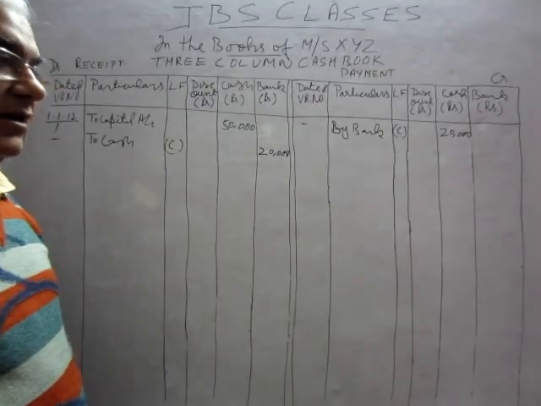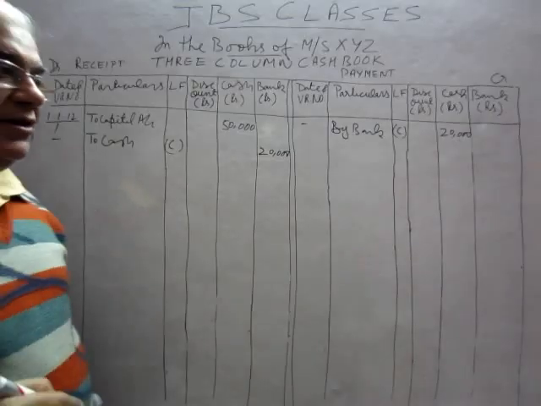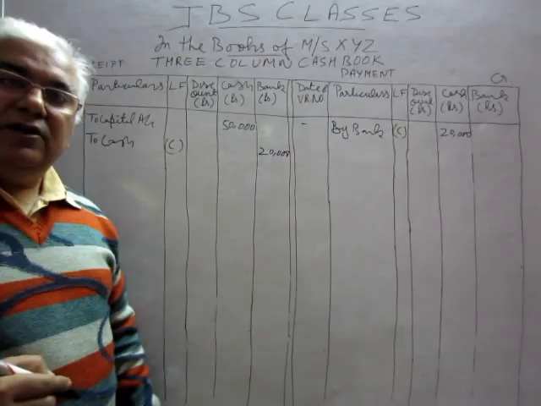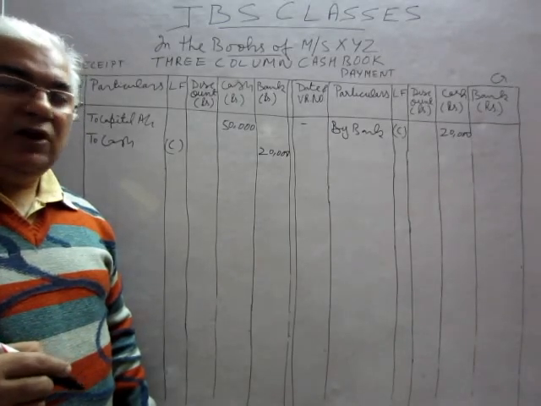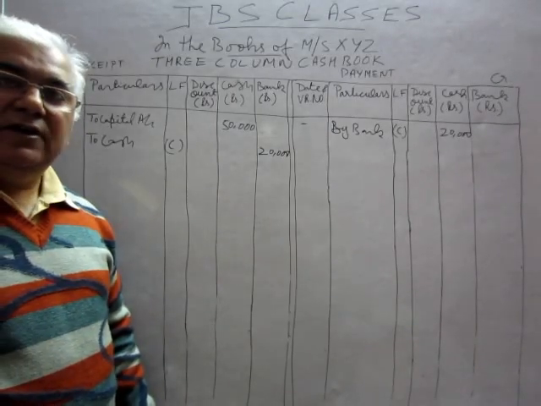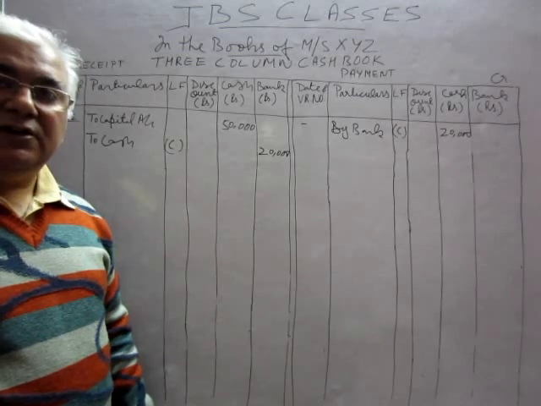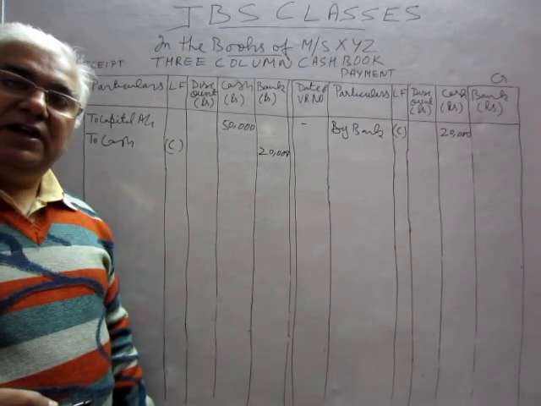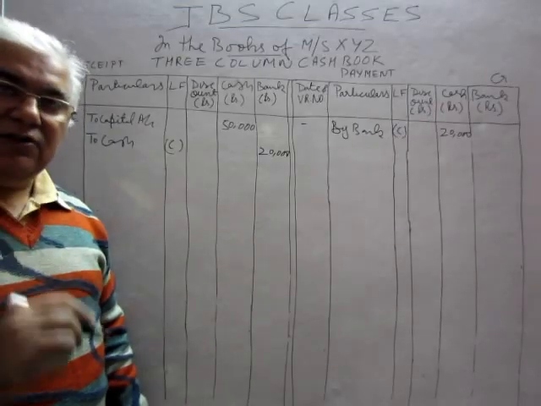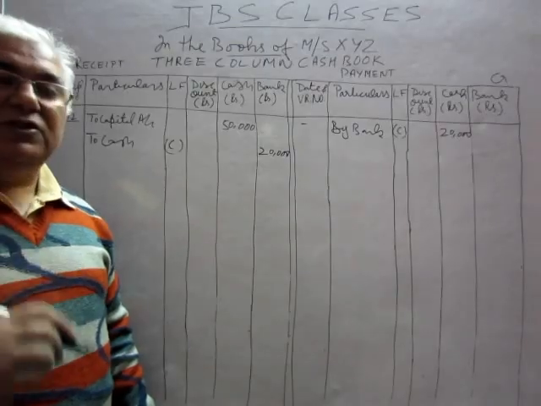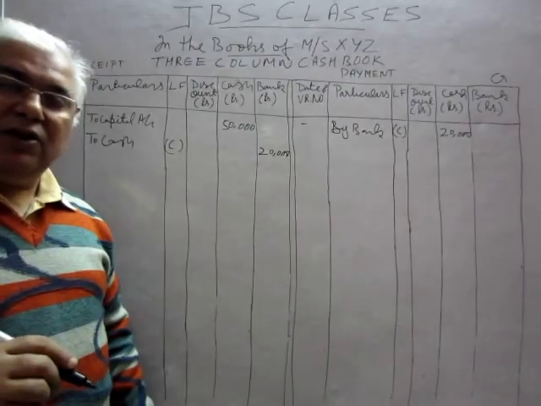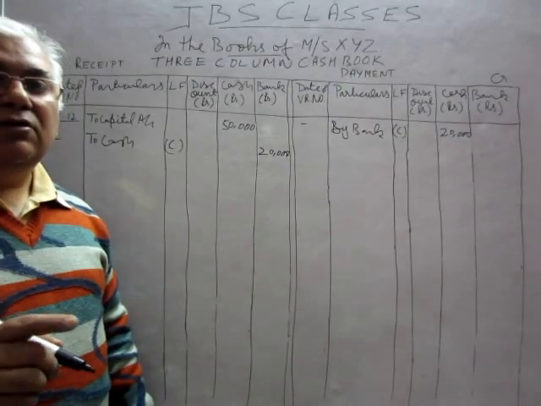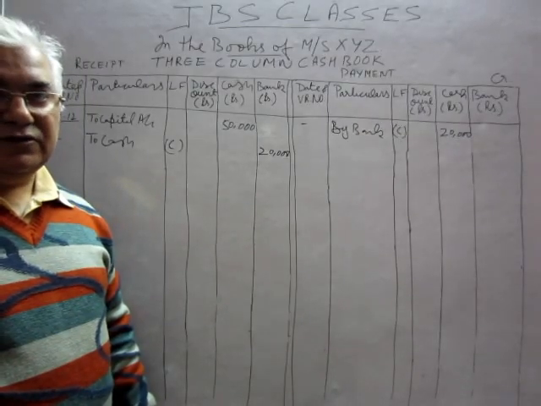The third transaction is: received from Mohan rupees 5,000, on which we allow him a discount of 500, that is, cash discount. You know, cash discount is entered in the books. So what is our journal entry for this? Cash account debited 4,500, discount account debited 500, to Mohan 5,000.